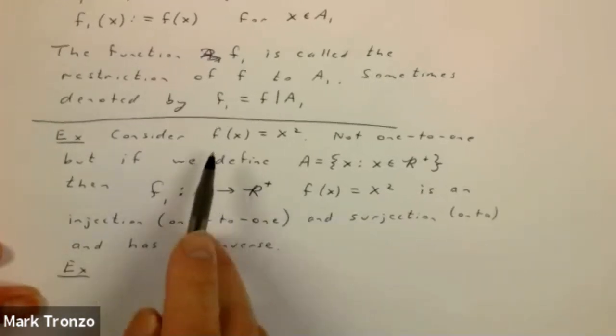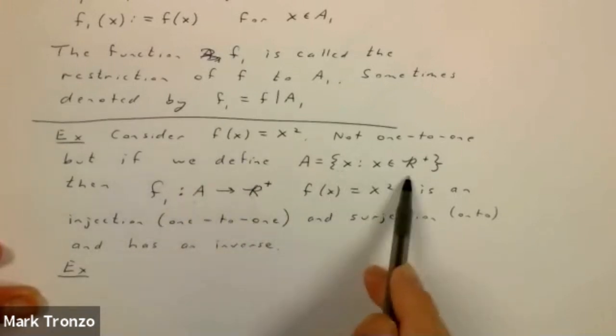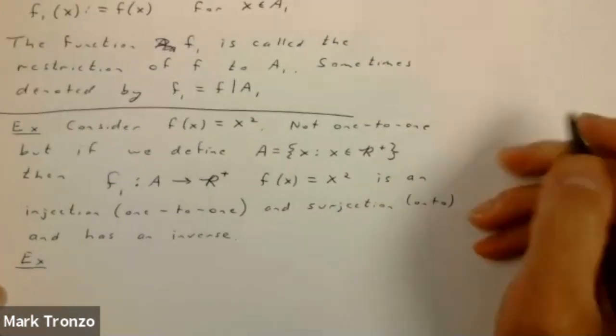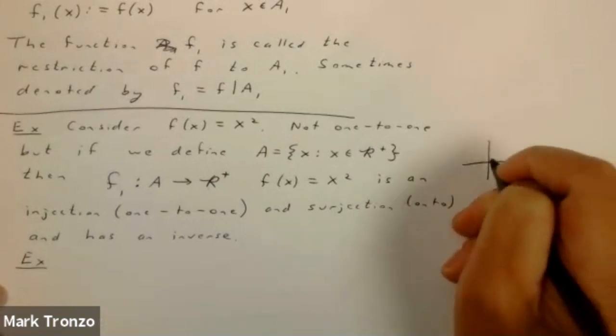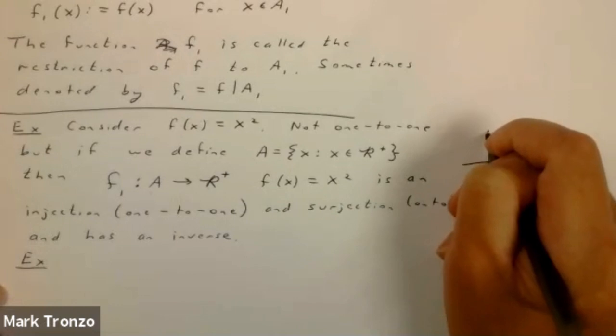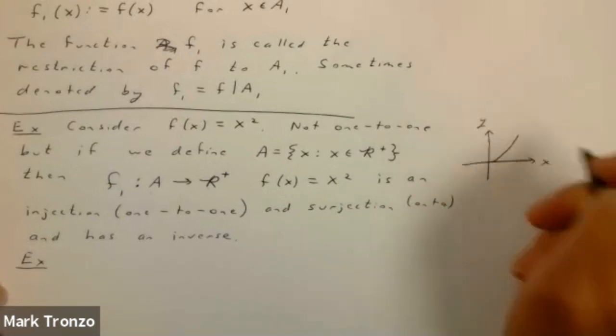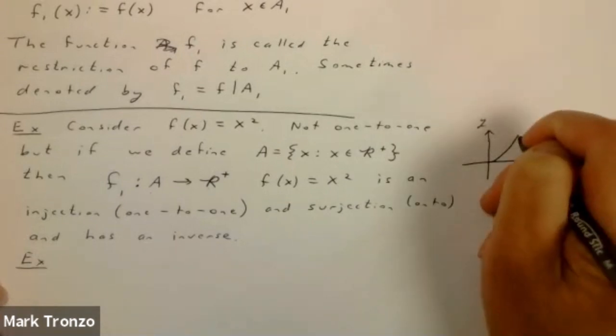So in other words, if we restrict f of x equals x squared just to the set of positive real numbers, then the kind of function we're going to get will look like this. And it goes on and on and on.